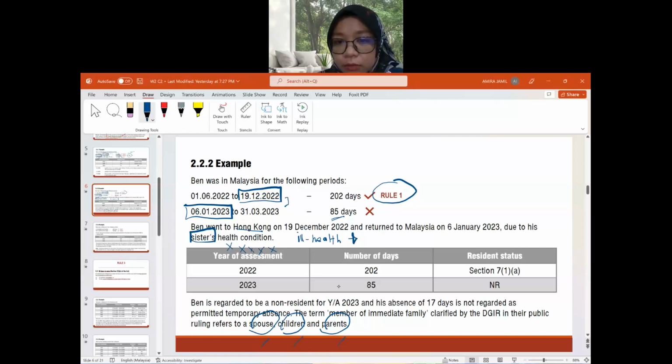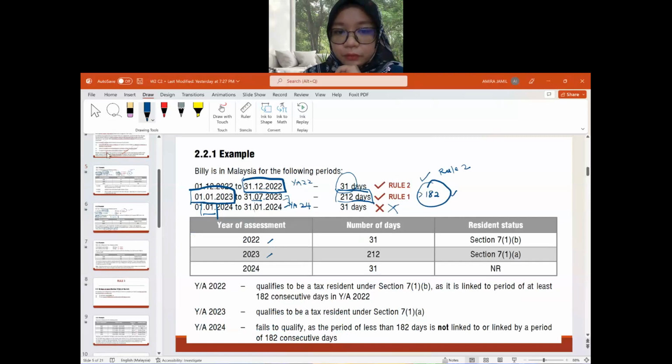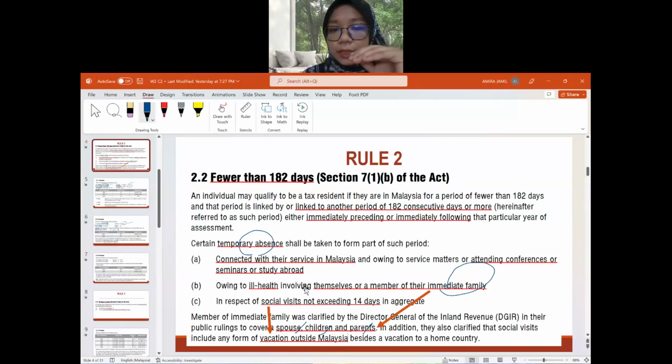So for these 82 days, 19 December and 6th January are not connected. So it cannot apply rule number 2 here. So for the 2023 assessment, Ben is not tax resident. Only tax resident for YA 2022.